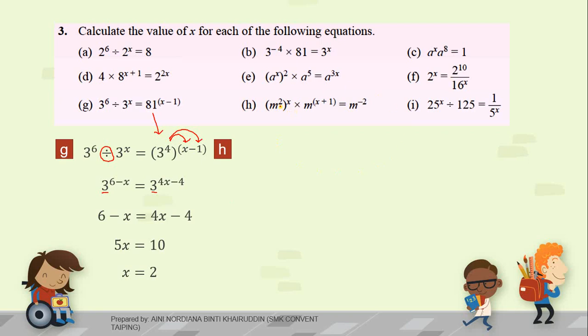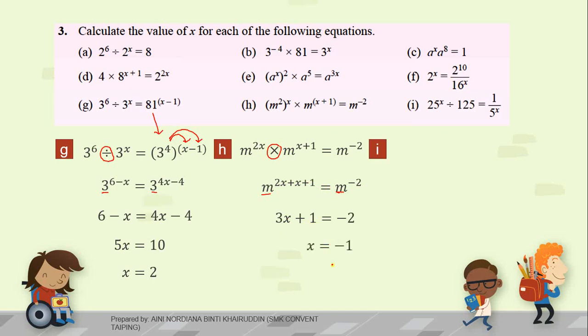H, m here 2x, x plus 1 equals m to the power of negative 2. Since this is multiplication, you can add the indices. Since the bases are equal, then the indices are also equal. So you get x equals negative 1.